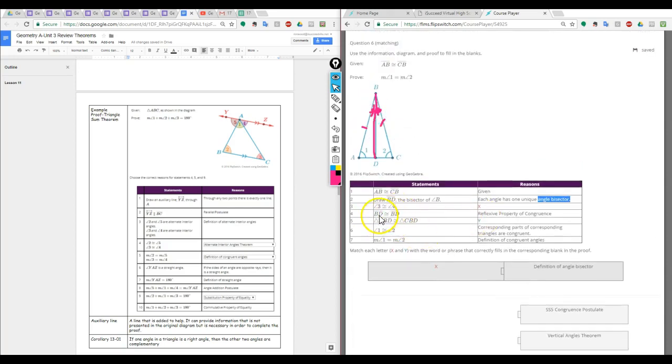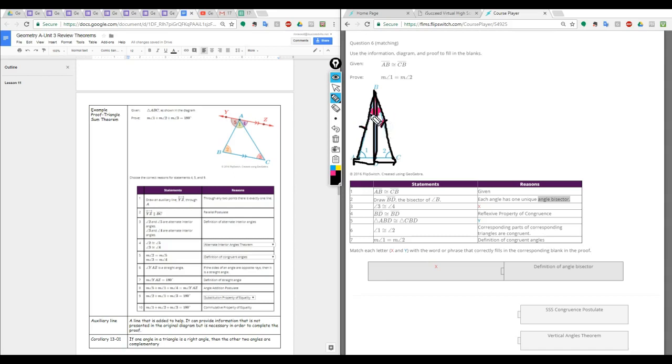And then they go on to state that segment BD is congruent to segment BD. That's the reflexive property. And then they have triangle ABD is congruent to triangle CBD, in that order. That is because we have side AB congruent to its corresponding part CB.